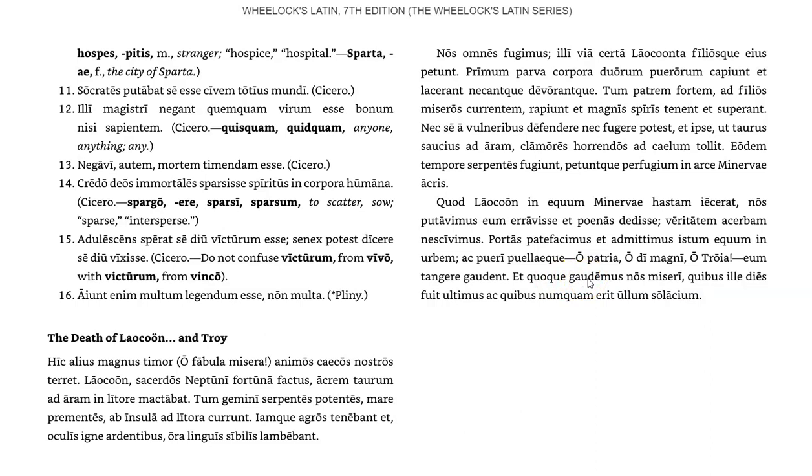We praised, I guess, and also we miserable ones were praising or giving praise. Let's see, this is a little bit tricky here. Quibus ille dies fuit.